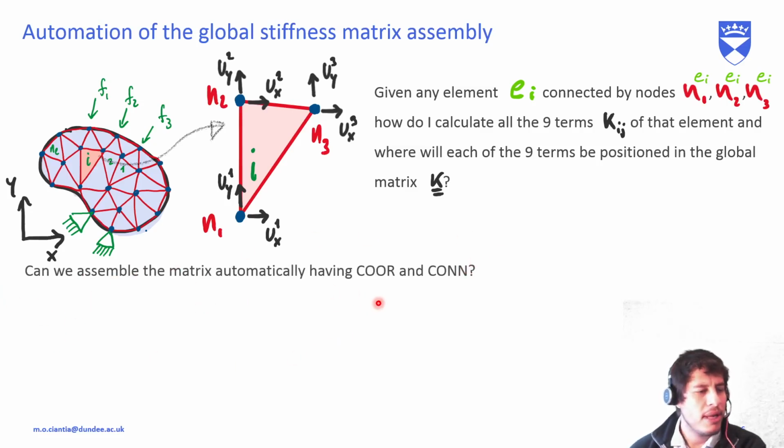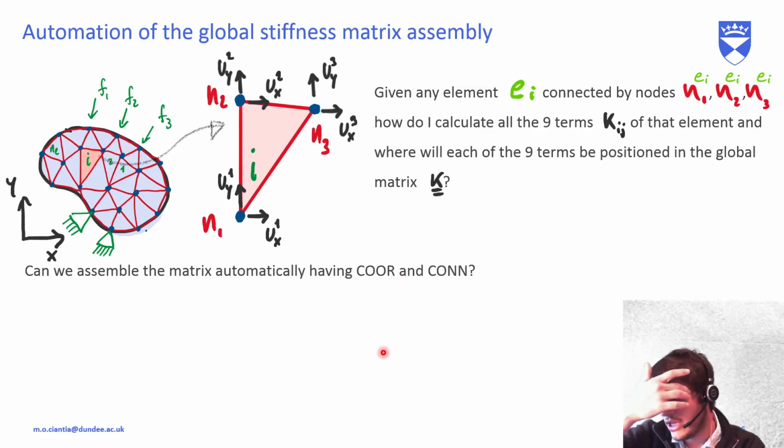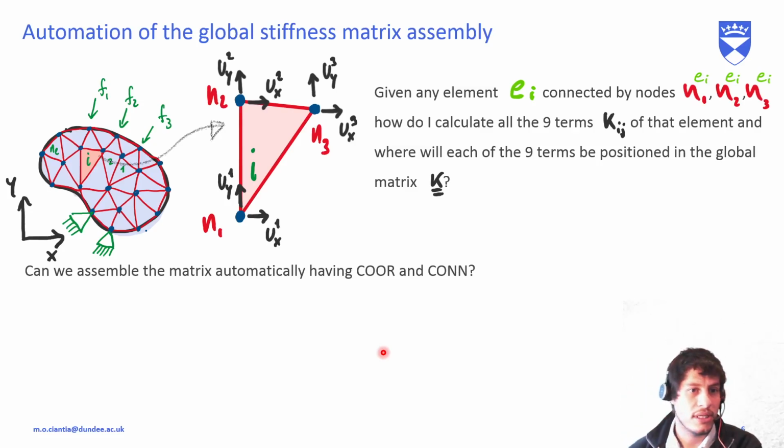So yes, can we assemble the matrix automatically having the coord and con vectors, where coord is the nodal x and y position of each node, and connectivity is basically telling us for each element what nodes are making it? So in this case, the connectivity of element i is N1, N2, N3.